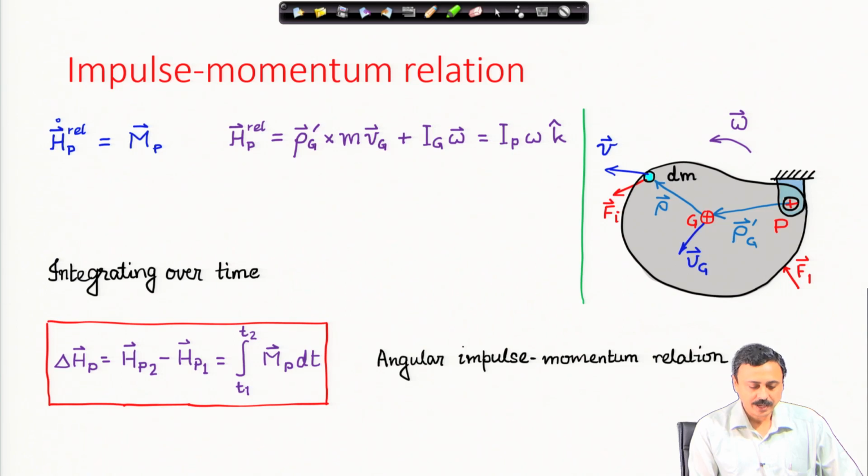Integrating over time, I get the change in the angular momentum about P is equal to the angular impulse of all forces about P, and this moment about P can include couple moments. Therefore, this is the angular impulse about P. The net angular impulse about P is equal to the change in angular momentum about P.